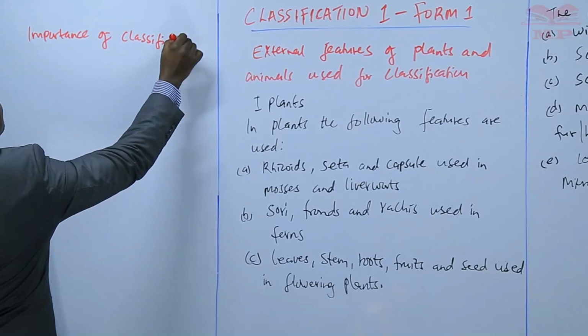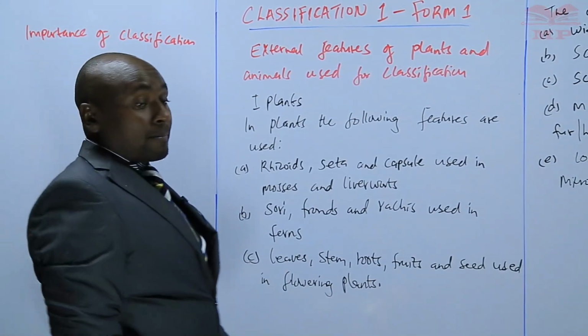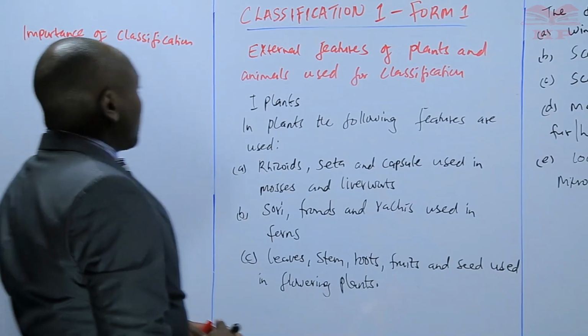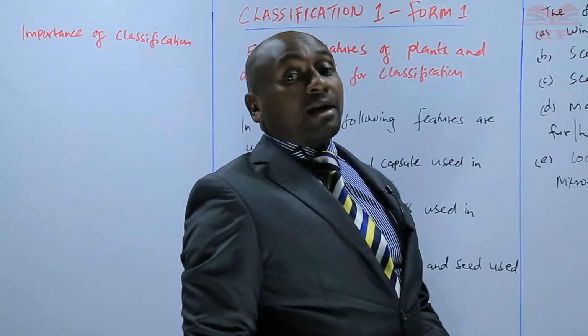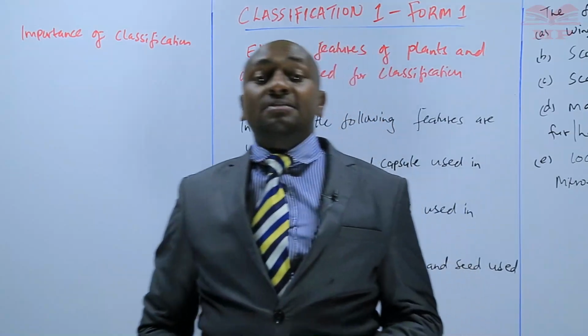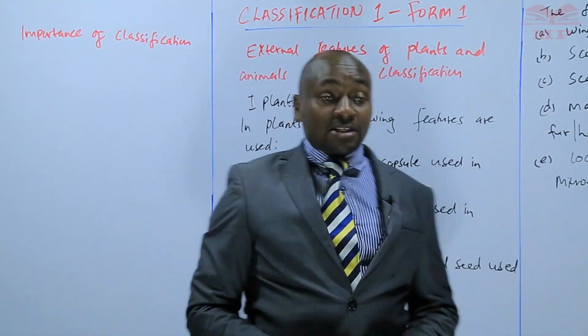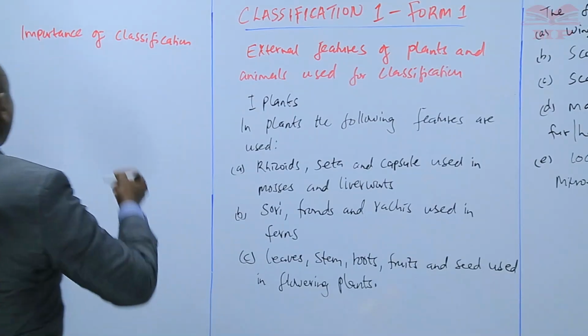The other thing that I want us to discuss is the importance of classification. We are asking ourselves, why is classification important? And first of all, we say that classification enables grouping of organisms based on similarities and differences.